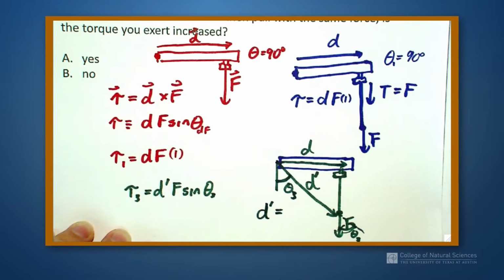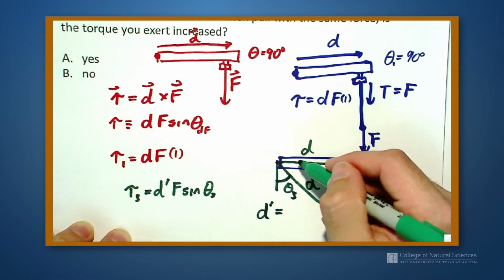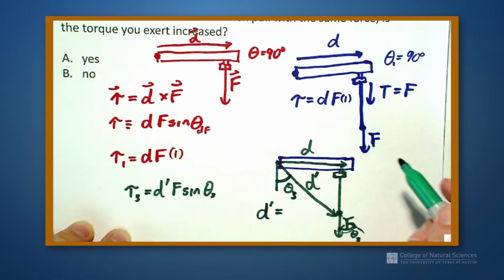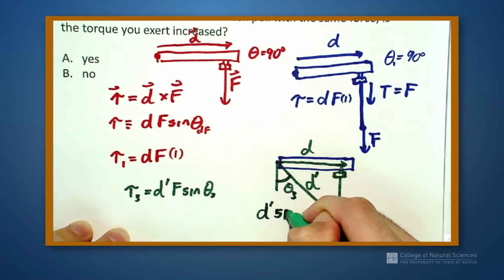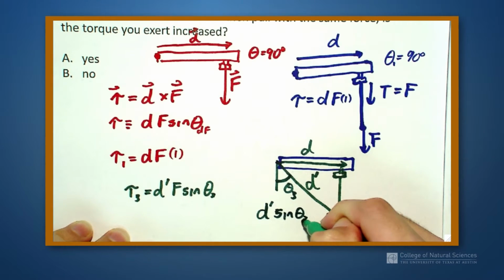So when I look at this, I see that d prime times the sine of theta 3 is equal to d.